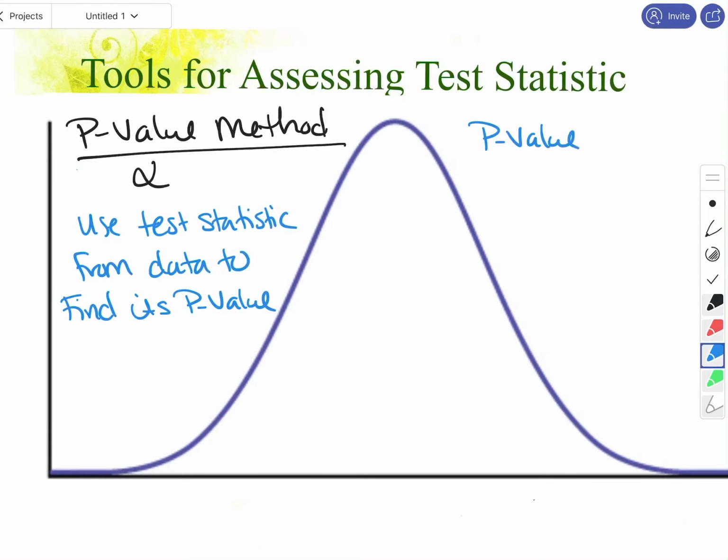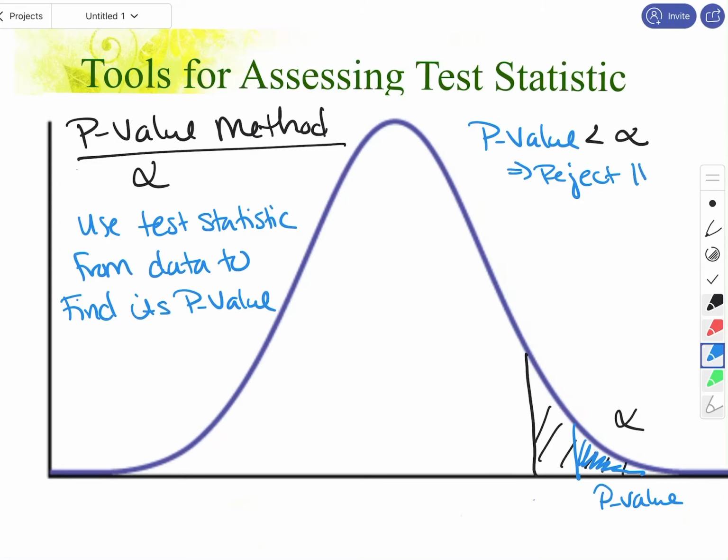And if your p-value is smaller than alpha, say this is alpha, and remember that alpha is this area, if your p-value is smaller, then it's more extreme. So then we would be in the critical region and we would reject the null hypothesis.